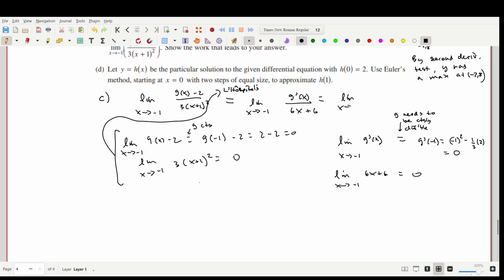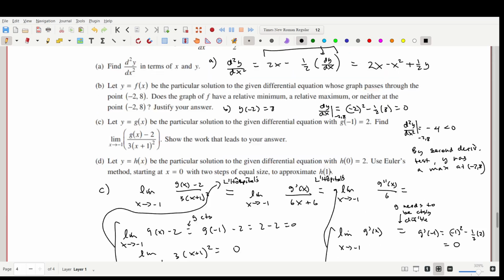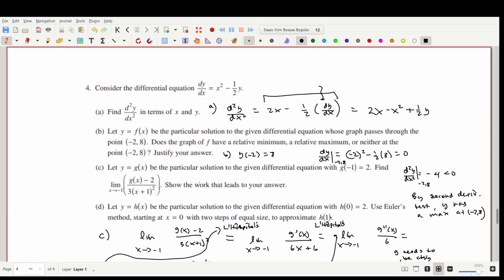Limit as x goes to negative 1, L'Hopital's, of g double prime of x over 6. And that is... wow, they're assuming it's C2. Does it say this?